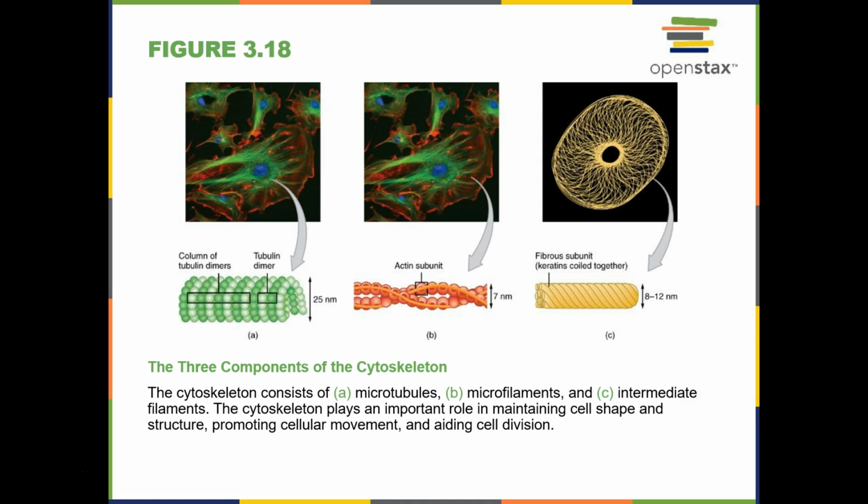All right, so here are the cytoskeletal filaments. The cytoskeleton's major function is to maintain cell structure and integrity, but it also functions in movement of materials throughout the cell. So we're always moving proteins and other materials, vesicles, whatever else. And so we have the cytoskeleton inside the cell that helps in movement of those materials.